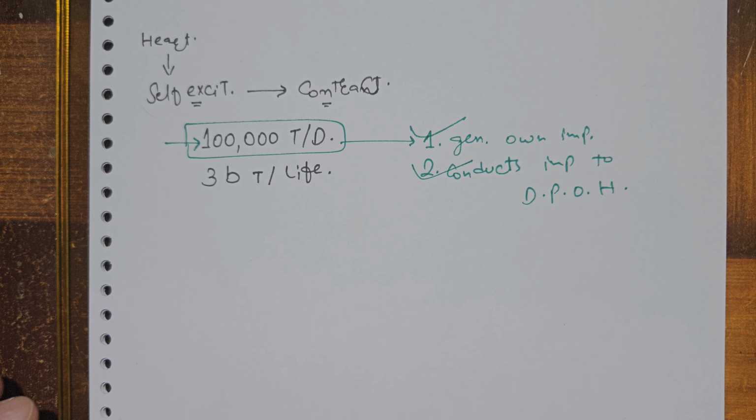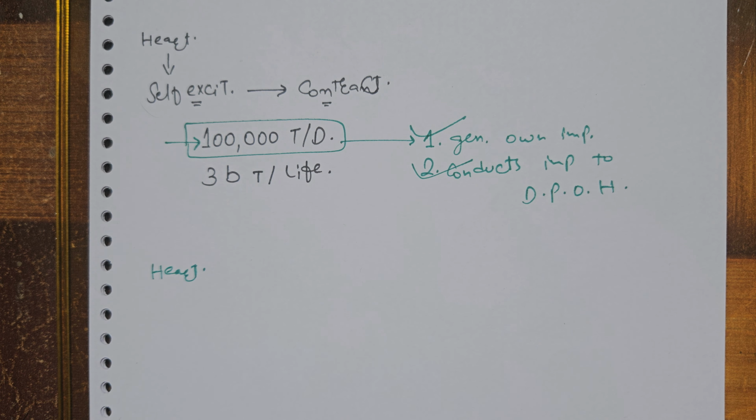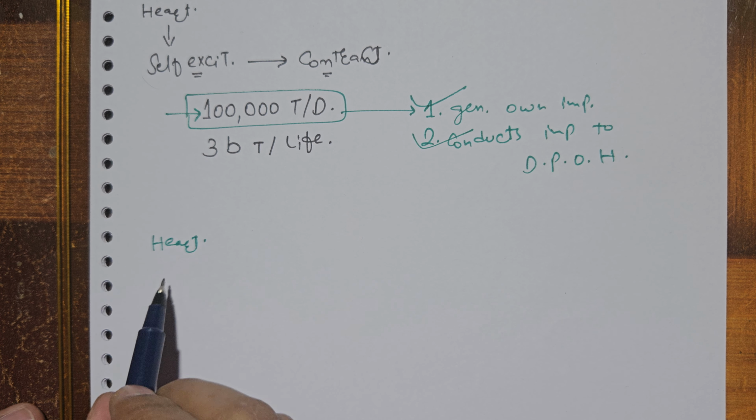Now moving onwards. What are we studying? We are studying the heart. We know every living tissue is made up of cells. Similarly, a heart is also made up of cells. Clear?